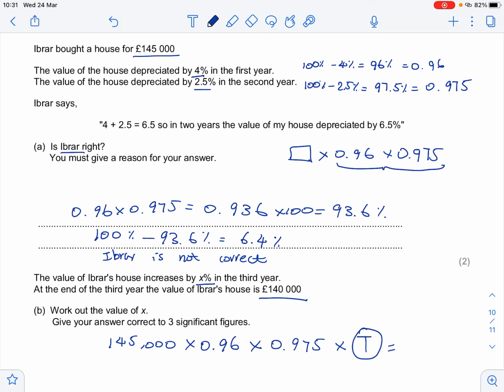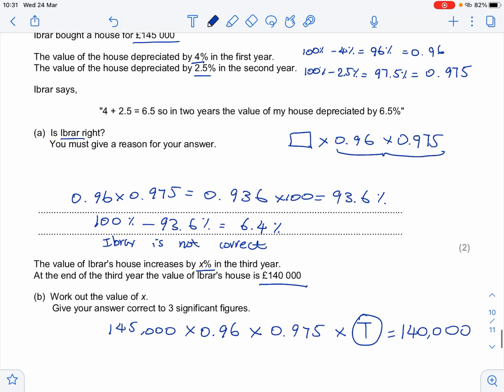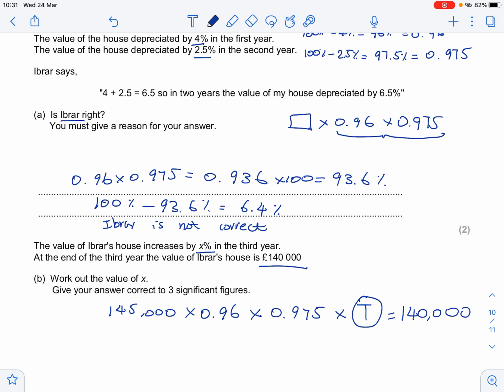And we're told it's going to be 140,000. Let's calculate. 145,000 multiplied by 0.96 multiplied by 0.975 is equal to 135,720. 135,720 multiplied by a multiplier gives you this.